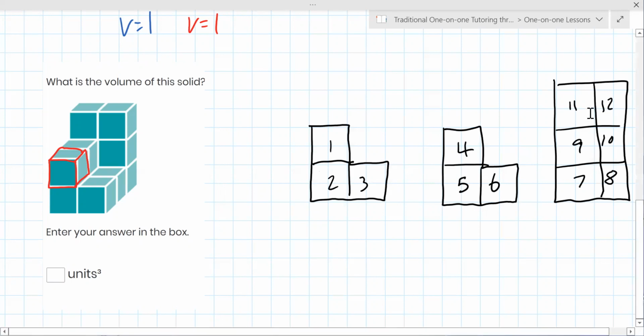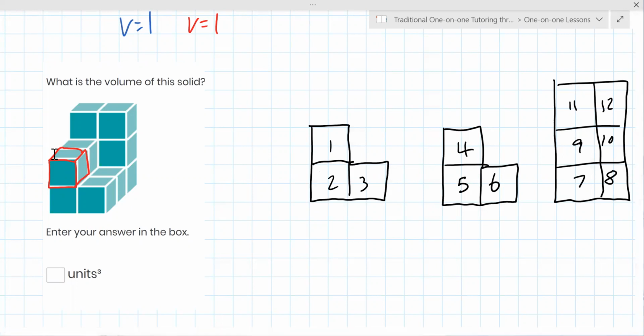So you want to avoid actually trying to count them, but sometimes you have to in this. Is that okay? Yes. Okay.